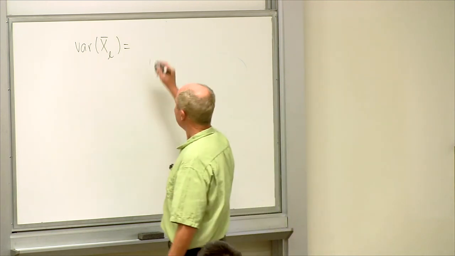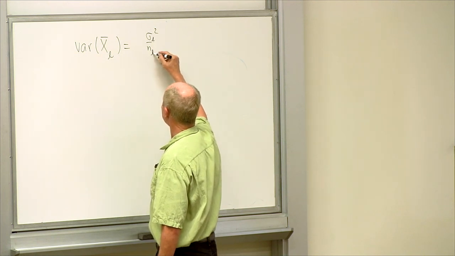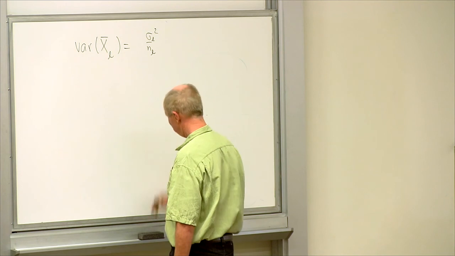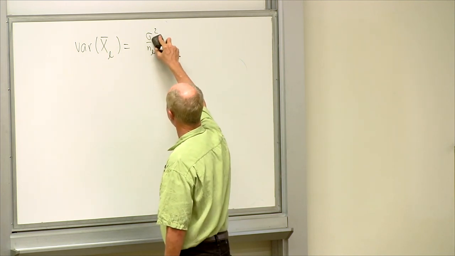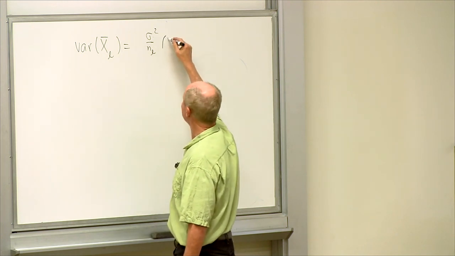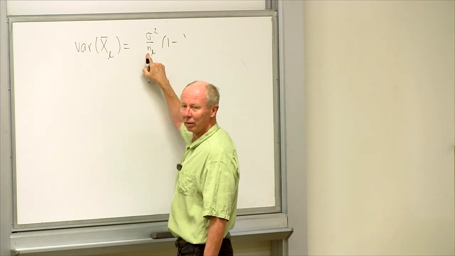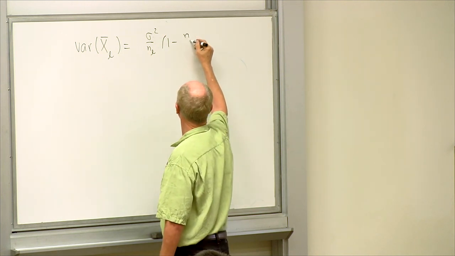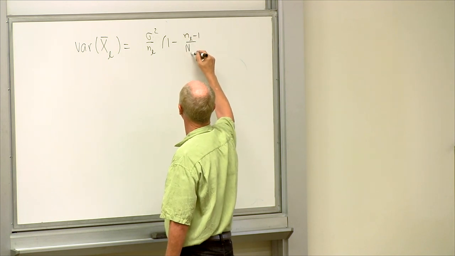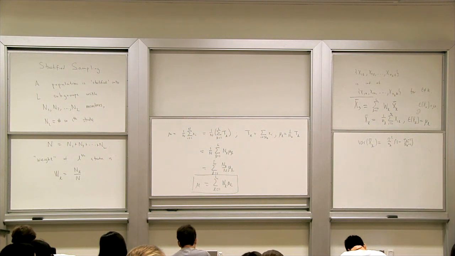It was sigma squared over n, sigma L squared over n sub L. Well, all these random variables have the same sigma, so I won't do it. Sigma squared over n sub L times a population correction. Oh, was it? This is right, yeah. Right? Okay, that's from just plain old vanilla simple random sampling, not stratified in any way. Okay?